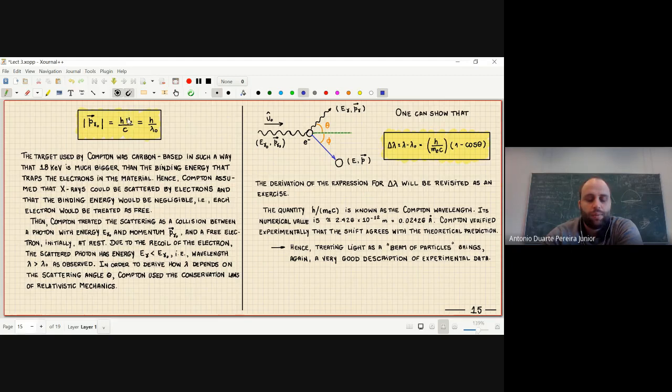So I can just replace nu naught over c by lambda naught. So the magnitude of the initial momentum of the photon is nothing but Planck's constant divided by the wavelength of the photon. Okay?